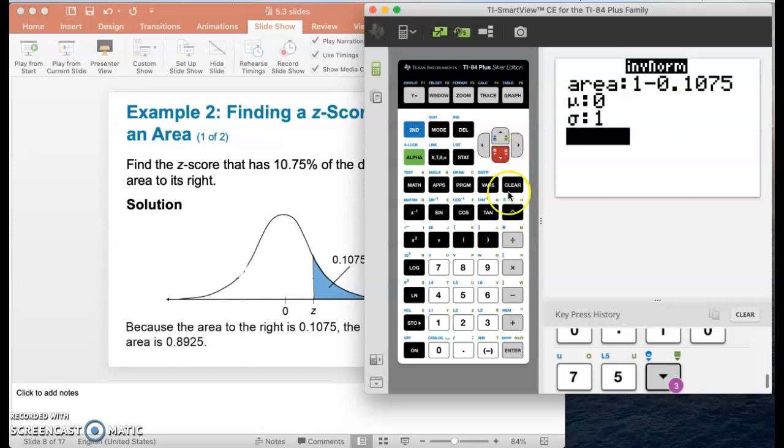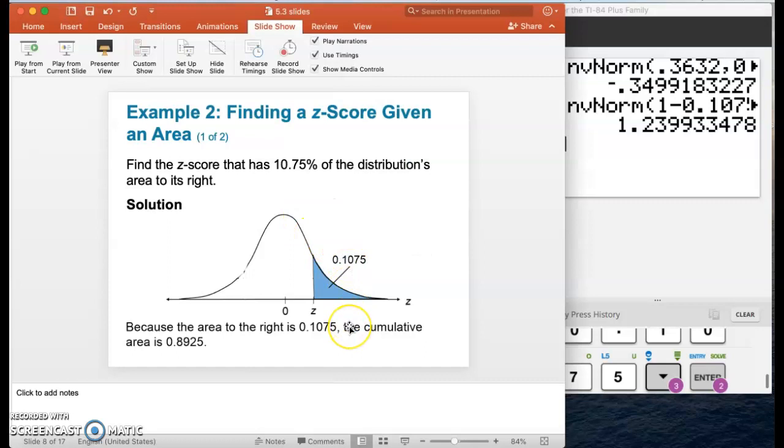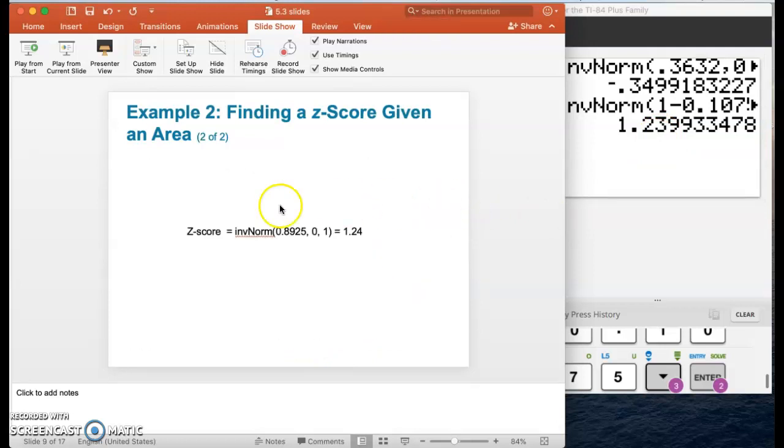So I'm going to arrow down to paste and select enter, and then enter again. So the z-score that corresponds to an area that has 10.75% of the distribution's area to its right is approximately 1.24. If I were to scroll down, you can see that the z-score is 1.24.